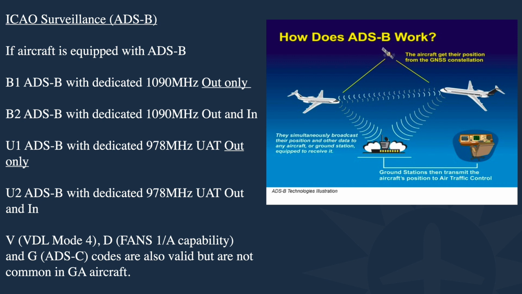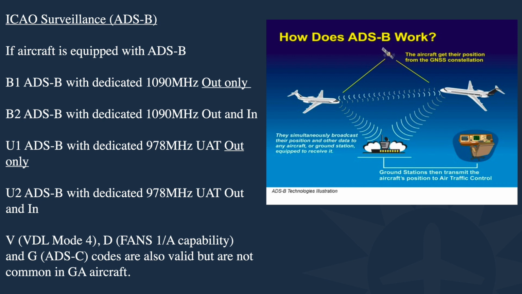One way to tell the difference is that if your ADSB is panel mounted or if it's tied in with your transponder, it's probably 1090. If you know that your ADSB unit is on the wingtip or on the tail tip, you're probably a UAT. Again, check with the manufacturer. Both types are legal. Both types work just as well, but you just need to know which one you have because it's important to ATC to know what frequency you're transmitting your ADSB information out on.